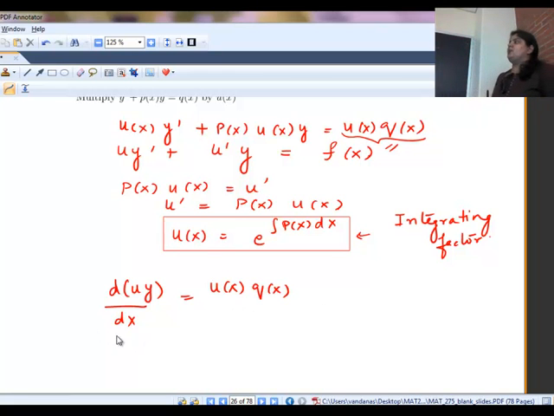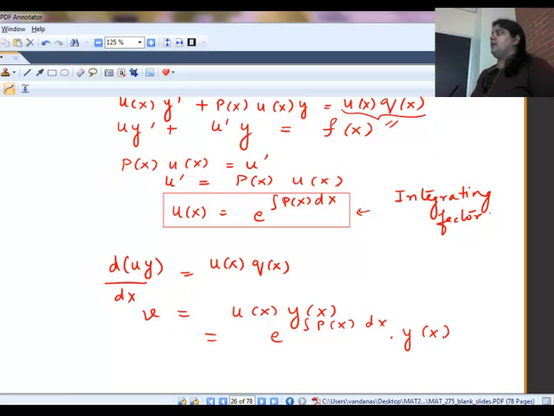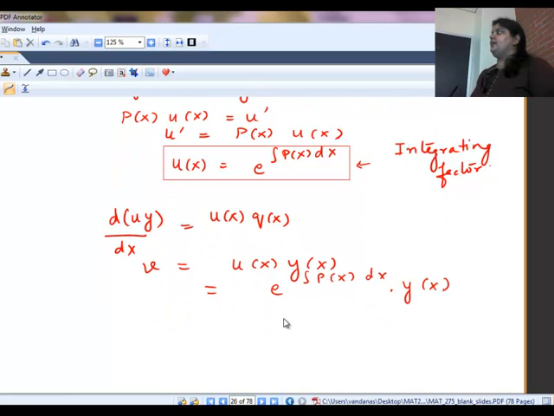Now this is a separable differential equation. And v is u, e to the power integral p(x) dx, times y(x). So once you have that, this is separable, and you use the separable technique, separating it and integrating it, and you solve for v. Once you have v, you have u, you divide by it and you get y. That's it.